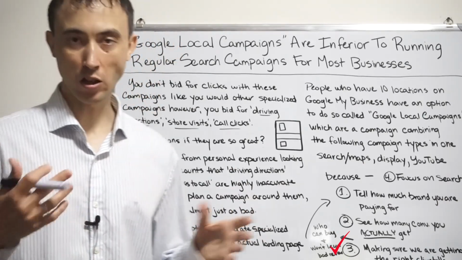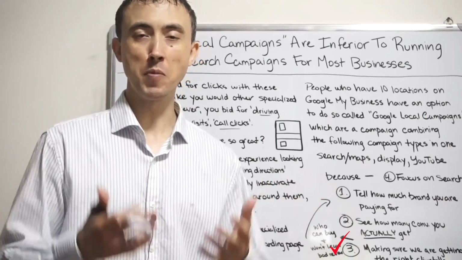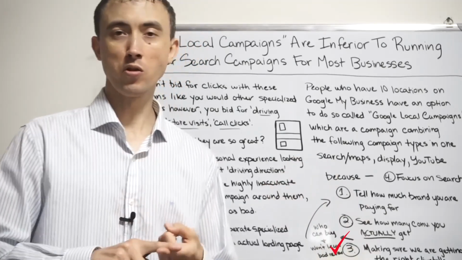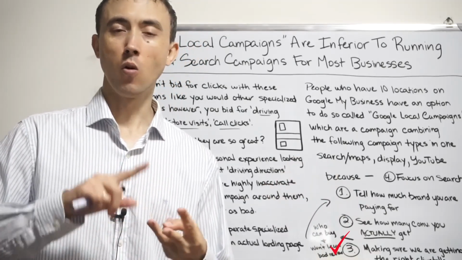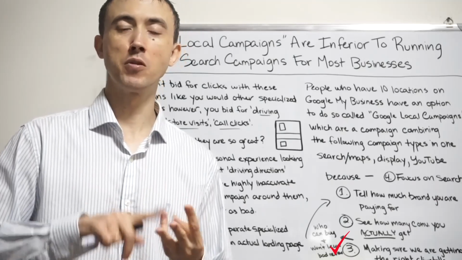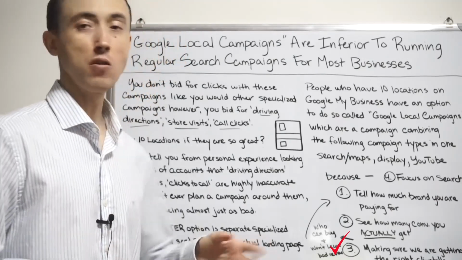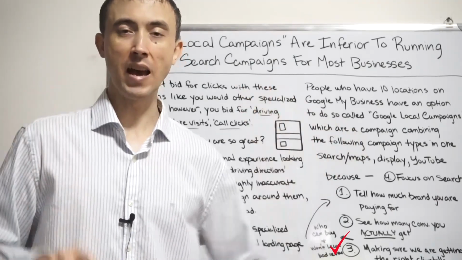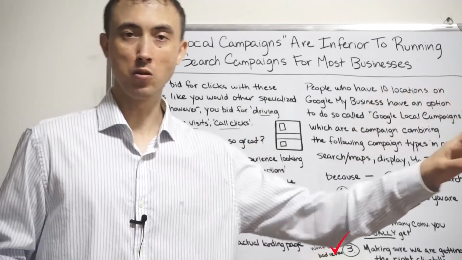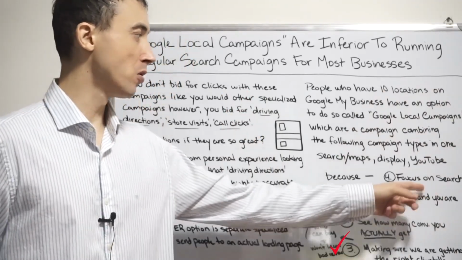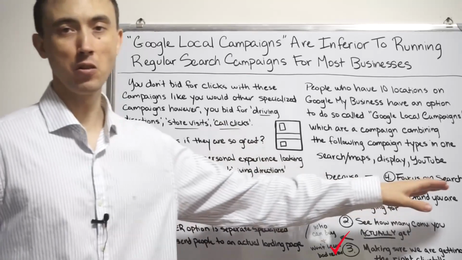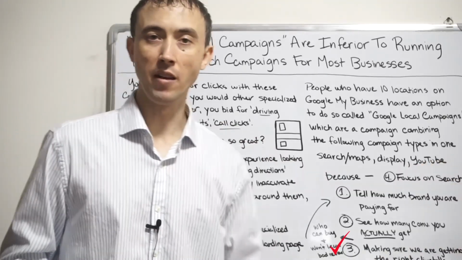Once you eventually extract all that potential value from people searching and looking for your services or your products locally, or a competitor who's a direct competitor with you in your area, then you can get into running so-called display ads on Google Display Network and on YouTube. With Google local campaigns, they're giving you the display and the YouTube all in one.